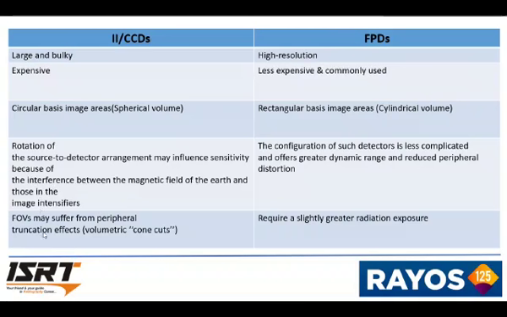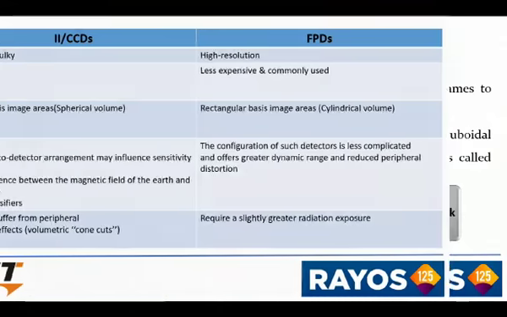FOVs may suffer peripheral truncation artifacts. And FPDs: high resolution, less expensive and commonly used, with rectangular image areas and cylindrical volume. The configuration of such detectors is less complicated and offers greater dynamic range and reduced peripheral distortion, and requires slightly greater radiation exposures.